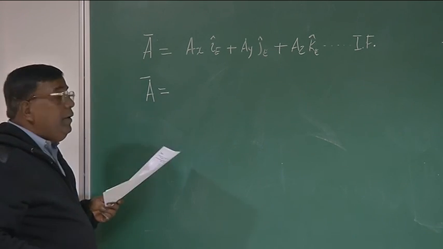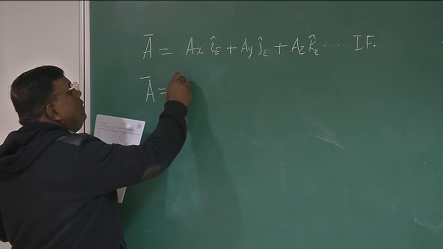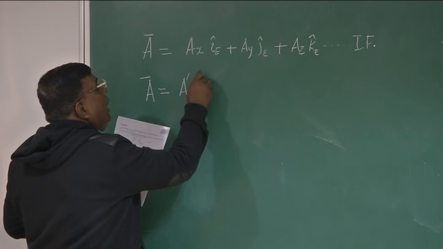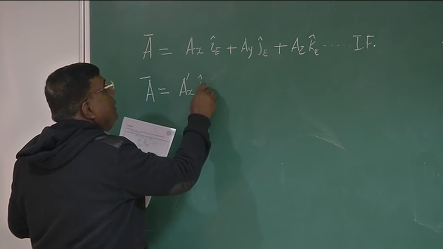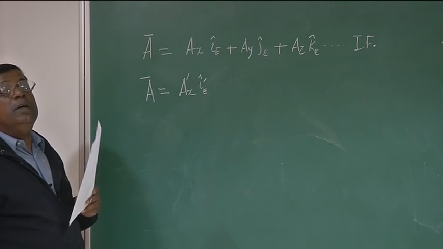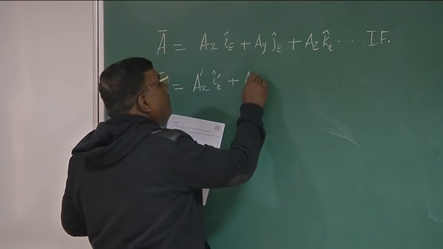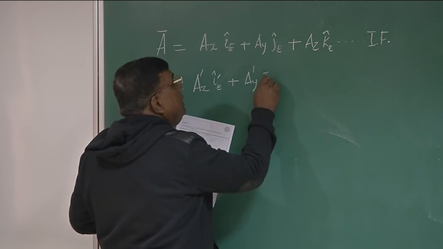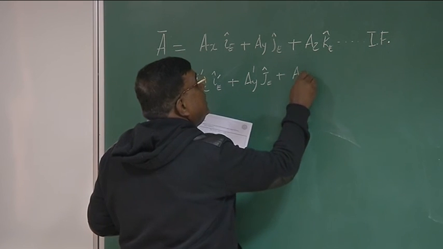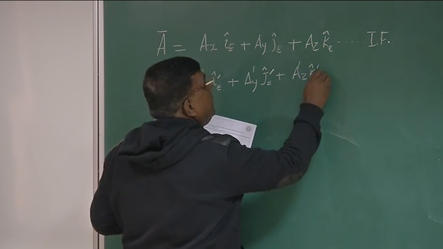So in the rotating frame, the scalar components of A will be different now. So I say Ax' i', I put a prime. The moment I put a prime, it means this is referred to the rotating frame, plus Ay' j' plus Az' k'.